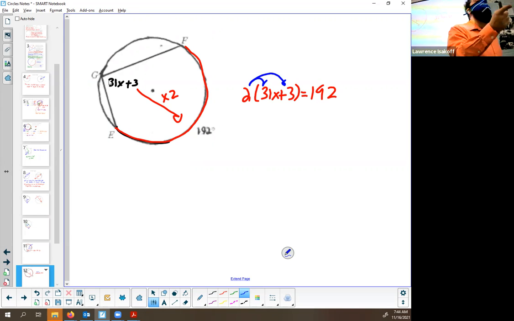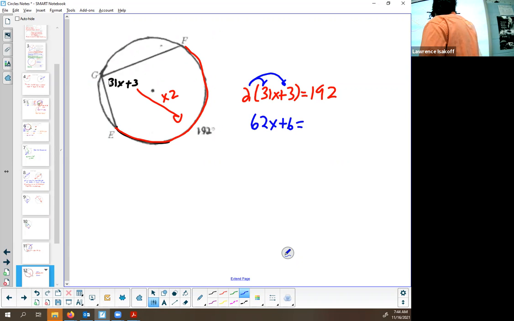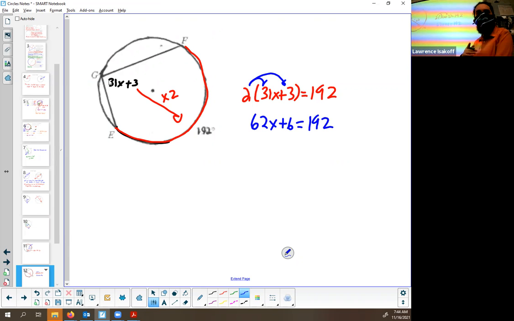We could actually divide here. If you wanted to divide instead of distribute, we get 31x is equal to, so that divided by 2, 86. But we'll do a little more traditional, how we've been doing it, distribute here. That's going to give me 62x plus 6 is equal to 192. Now what will we do to solve? Yep, let's subtract 6.